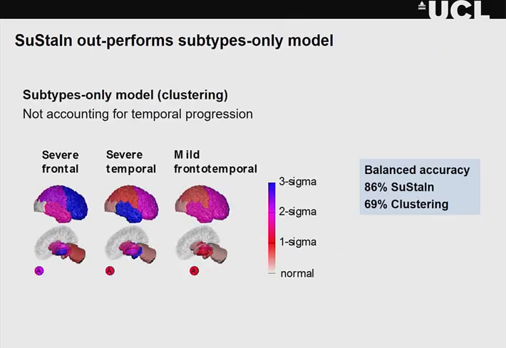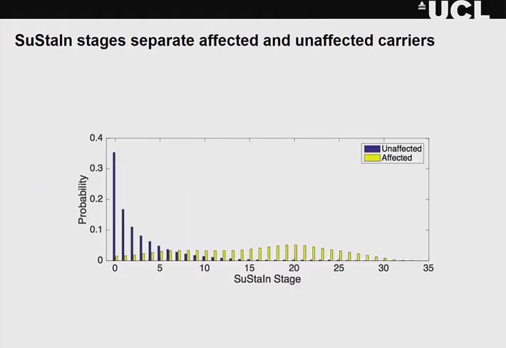We compared this performance to a subtypes-only model, a standard clustering technique which doesn't account for the temporal progression. What we find is that SuStaIn outperforms this type of technique, giving a balanced accuracy of 86% compared to 69% using clustering.